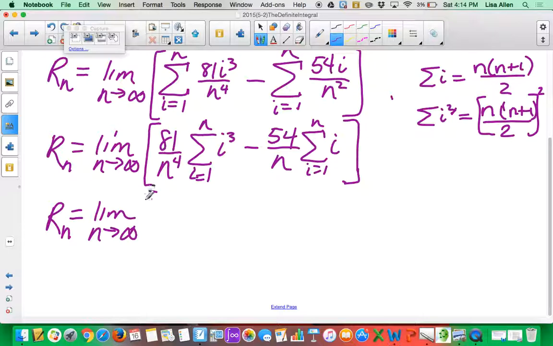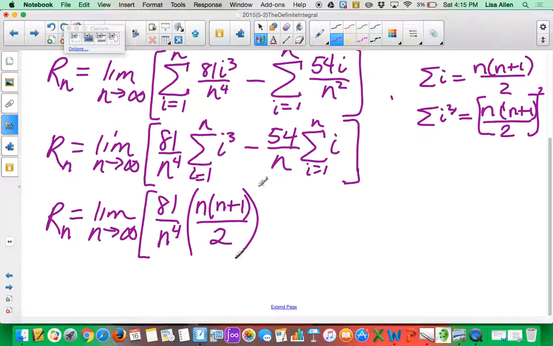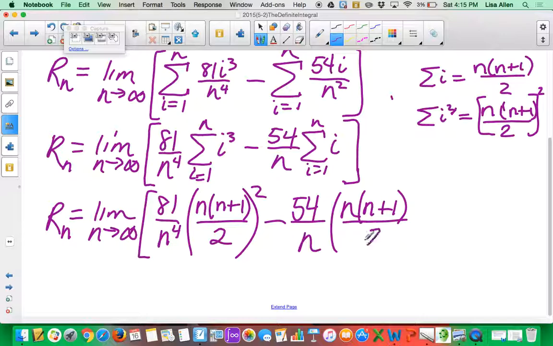So I have 81 over n to the 4th times the quantity n times n plus 1 over 2, squared, minus 54 over n times the quantity n times n plus 1 over 2. Oh, here, I'm going to bring in an n squared, I have a typo here. Okay, that'll fix that. All right.